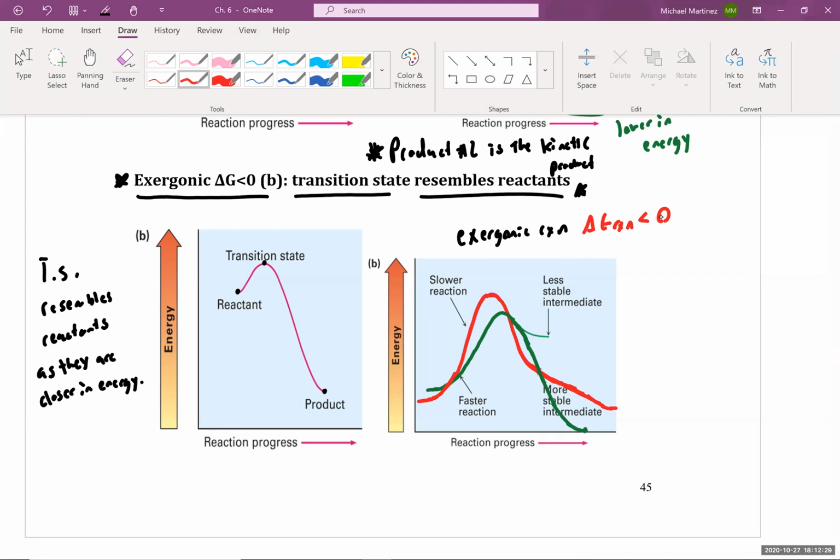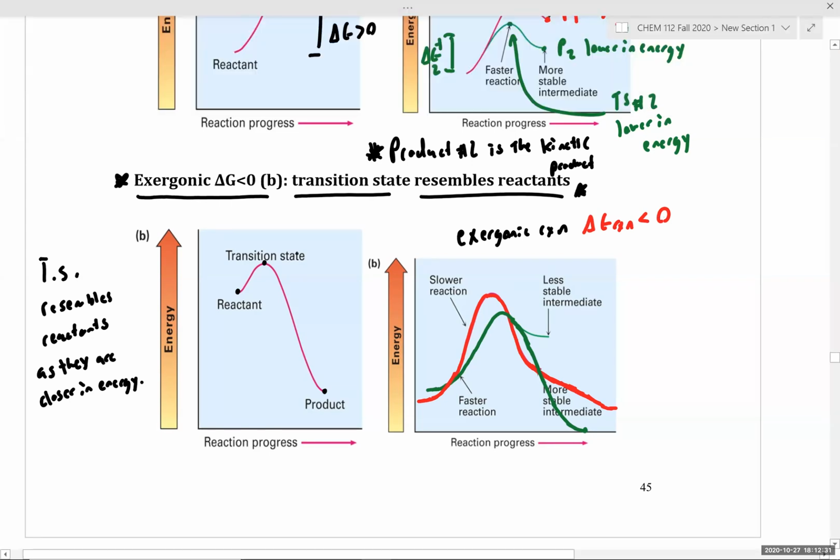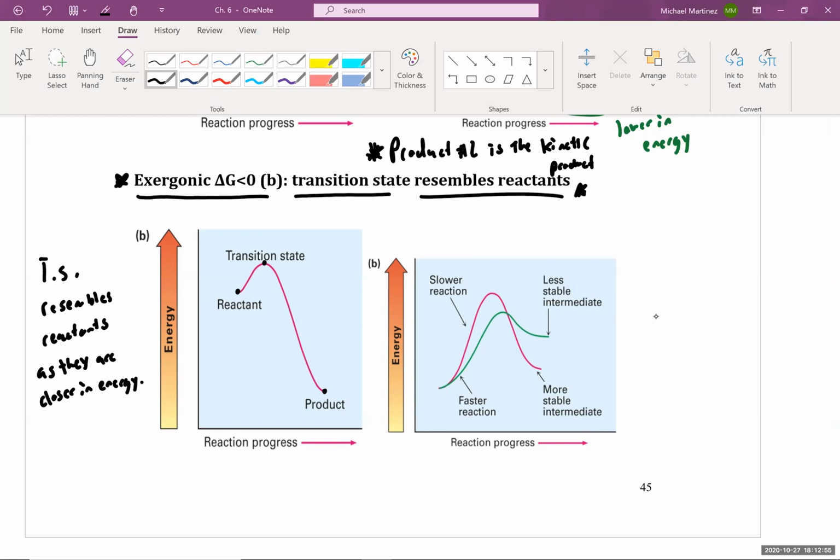And as a result, our transition state will resemble our reactants. Let's look at the exergonic reaction on the next page.